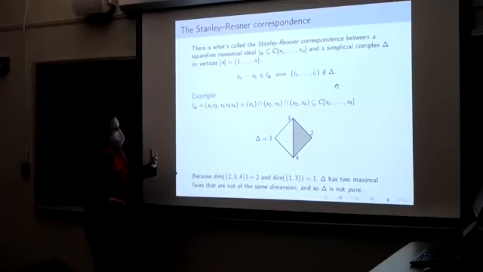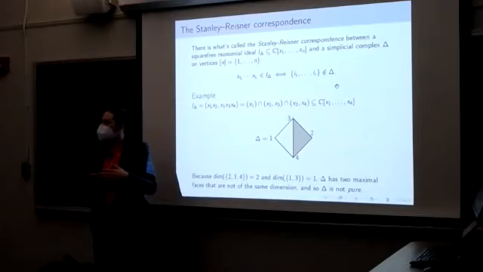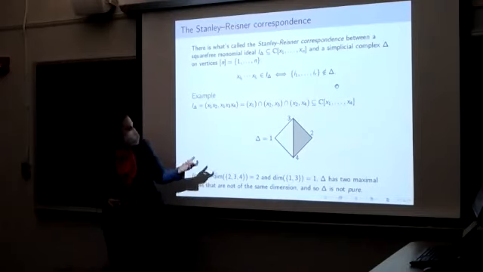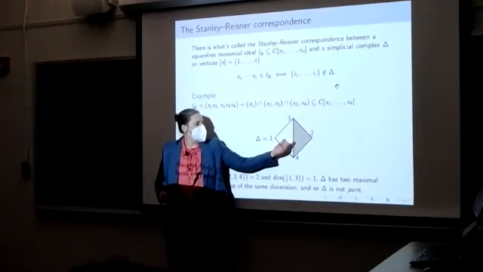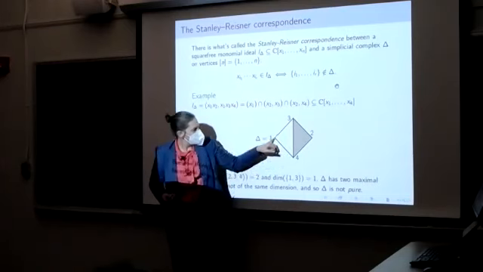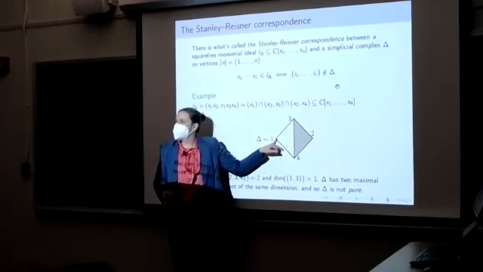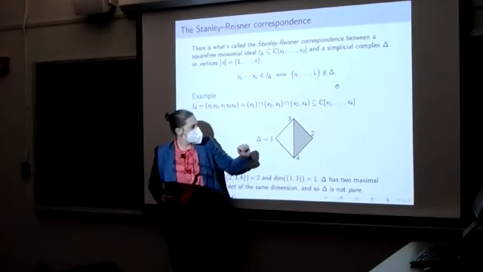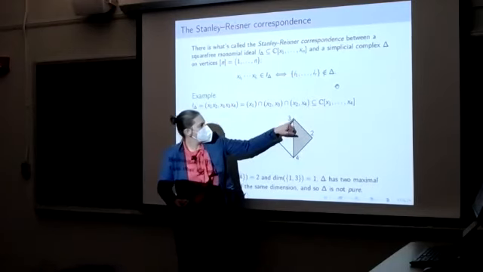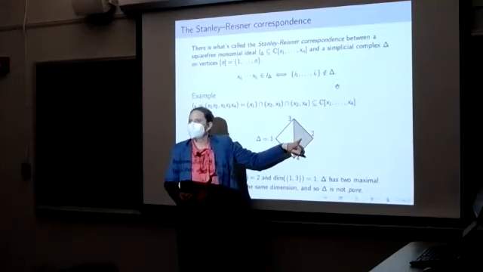So this sort of bad behavior that we talked about before, where we had a plane and a line, where we had something of the wrong dimension that we had to throw away, this manifests in my simplicial complex as being not pure. So what does that mean? Well, here I have this maximal face. It's a line segment. It's not contained in any other face. So it's dimension 1. And here I have this other maximal face, not contained in any other face, which is what maximal means here, by containment.